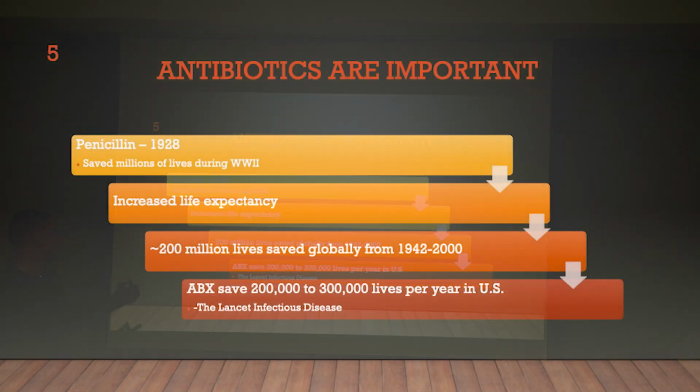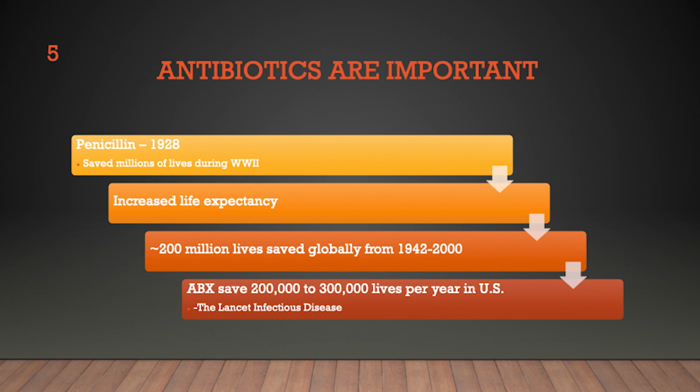So penicillin was the first antibiotic discovered in the 20s. It sat around for about 10 to 15 years until World War II came around, and then all of a sudden people wanted it.